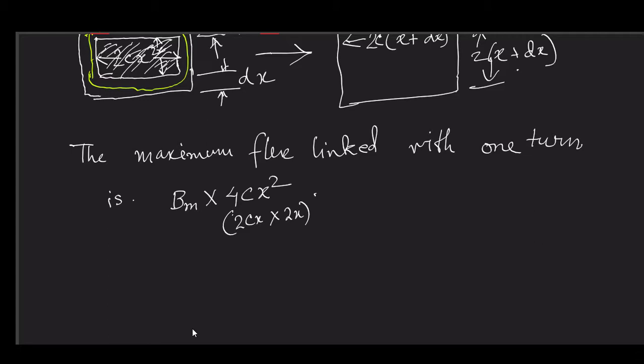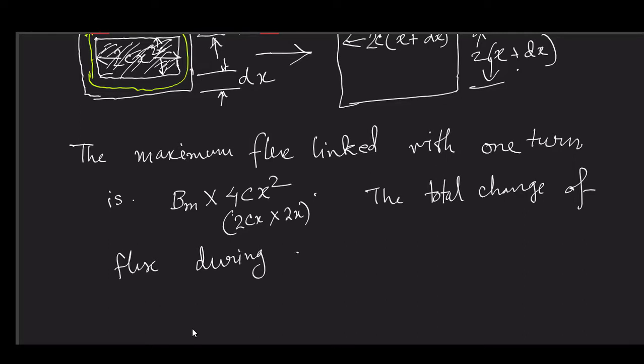So the total change of flux during a cycle is 16 Bm cx square. How is this 16 Bm cx square coming?